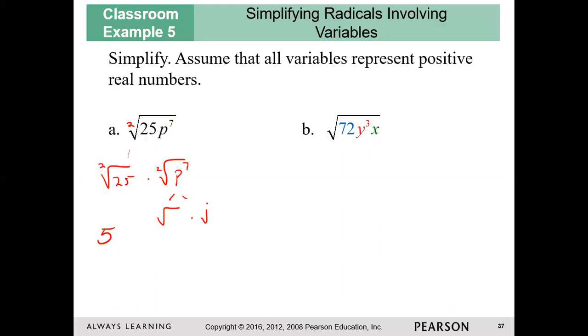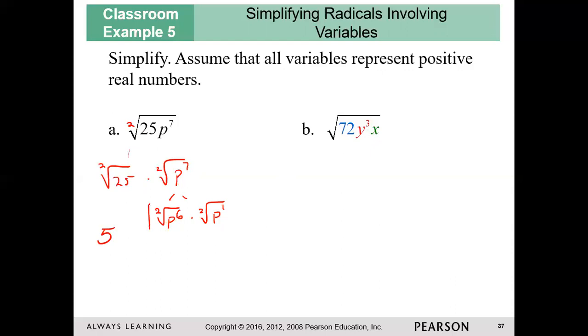So we break this up so that we force our exponent to be divisible by our index. So we make a p to the 6th, which is the largest exponent that I can have that is divisible by 2. And according to our exponent rules, that leaves us with a lonely p to the 1st over here, because p to the 6th times p to the 1st is p to the 7th.